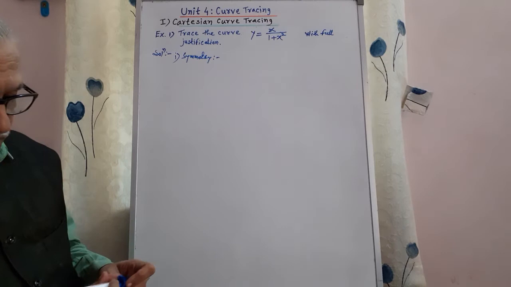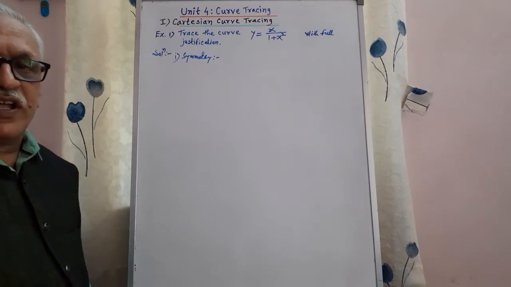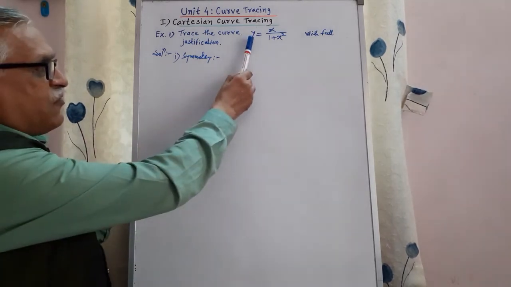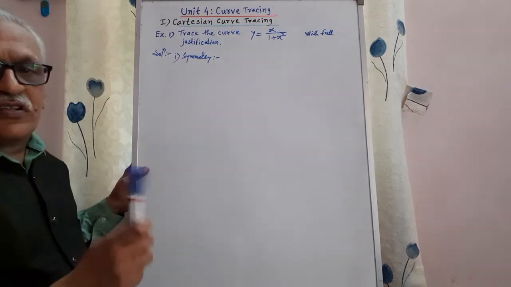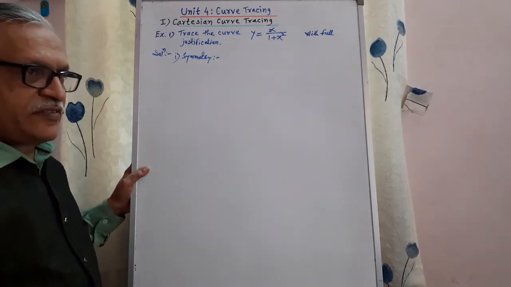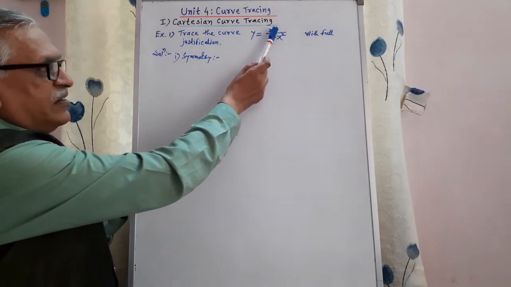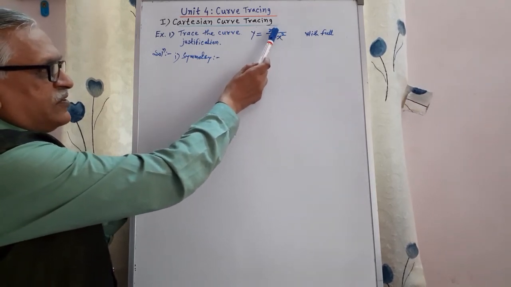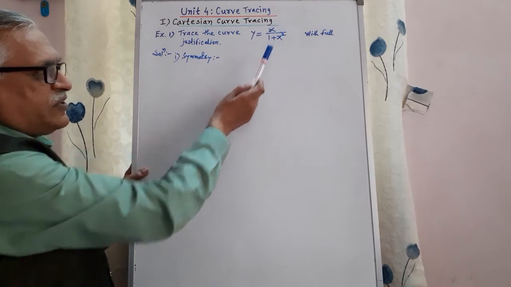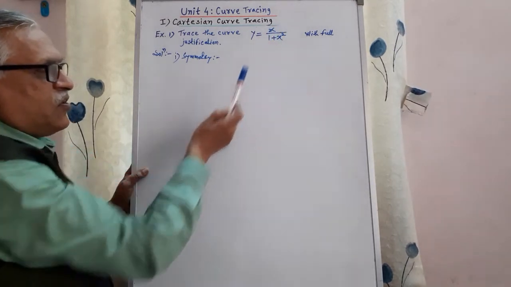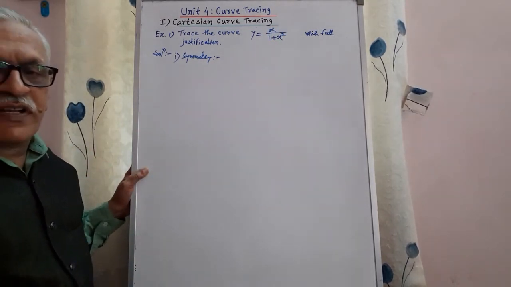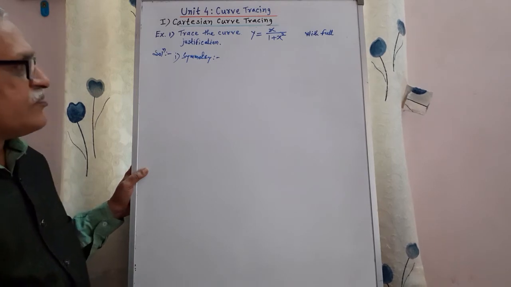symmetry. Out of 4, which one exists here? Power of y is odd here, therefore it is not symmetrical about x-axis. We check whether it is symmetrical about y-axis. There are two terms of x, one with odd power and another with even power, and due to this odd term it is not symmetrical about y-axis also.